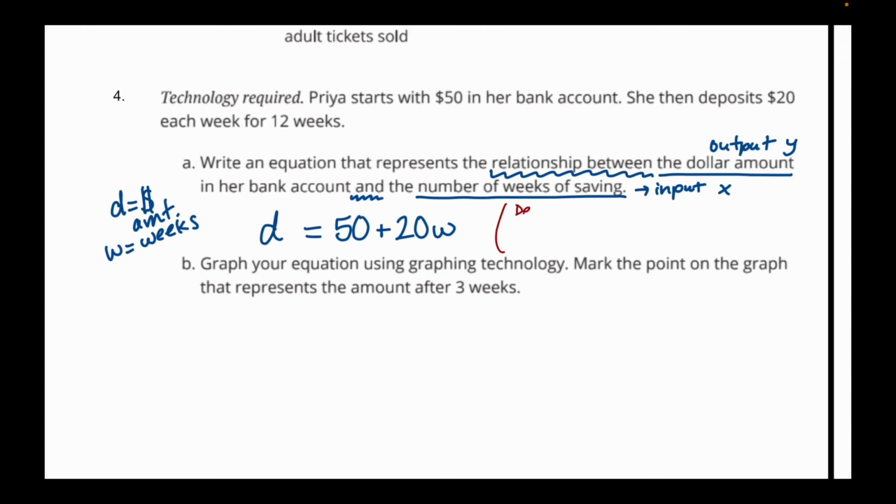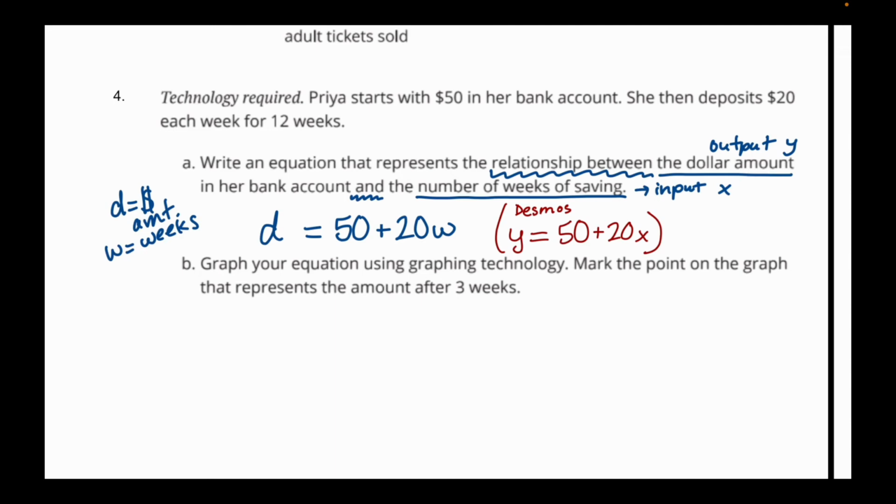So my Desmos version, I'm going to need to say y equals 50 plus 20x, because weeks is my input, which is x. Right, D was my output. So when I enter it in Desmos, you'll see me enter it this way.